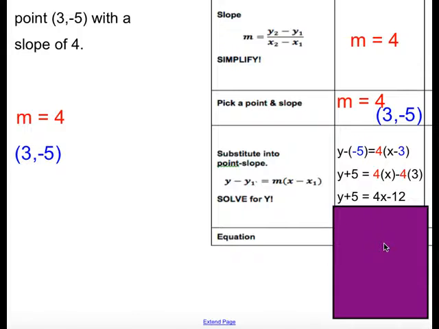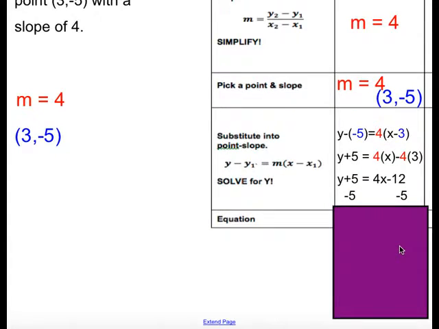Now we're almost there. We're almost in y equals mx plus b, but there's this plus 5 on the left. So I need to move the positive 5 to the other side of the equation. In order to do that, we have to use inverse operations. The inverse of adding 5 is to subtract 5.